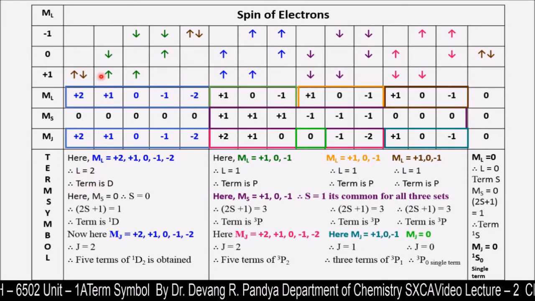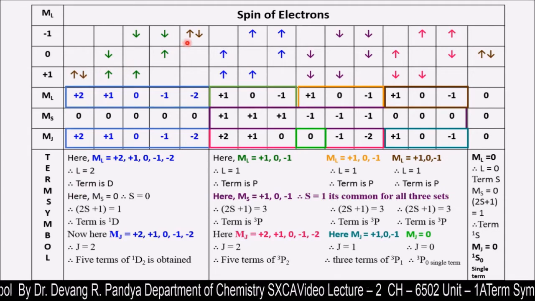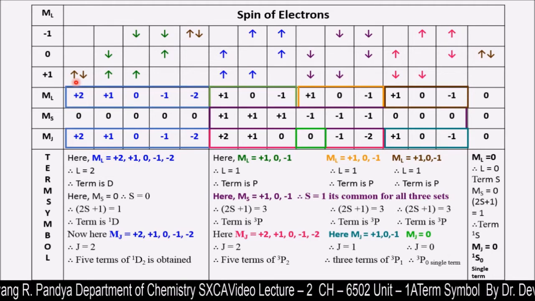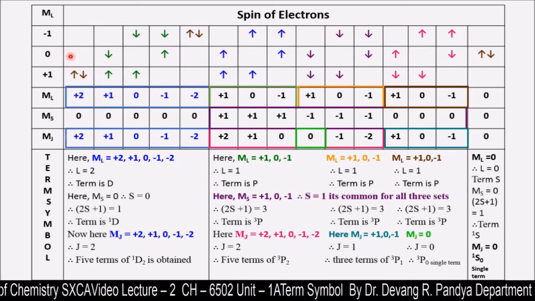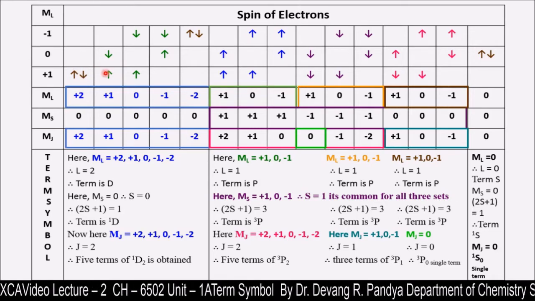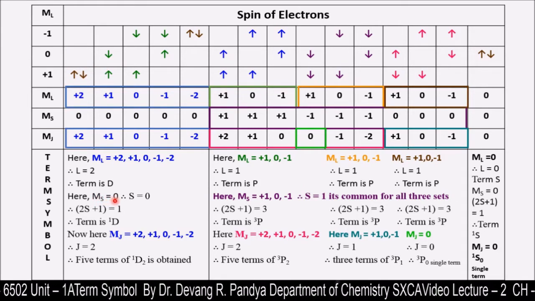Now for this arrangement, you can see here the electrons are anti-parallelly arranged, either in a paired situation or in an unpaired situation. Anti-parallel arrangement is there for this m subscript L value. So for that, m subscript S value is going to be 0.